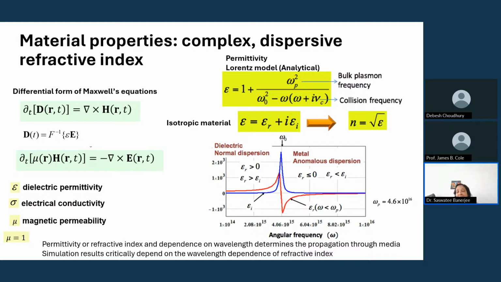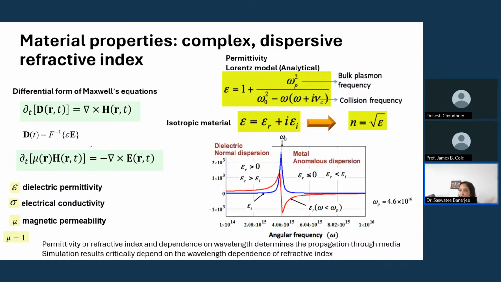it. Now, let me tell you another more interesting thing that I learned: this n, this epsilon, are described in the literature as analytic functions. What are analytic functions? What that means is this epsilon r and epsilon i, the real and imaginary parts, are not totally independent.